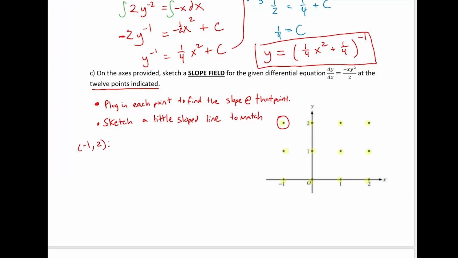I'm just going to take a moment to write down all these 12 points. So -1, 2; -1, 1; -1, 0; 0, 2; 0, 1; 0, 0; 1, 2; and so on. You don't need to hear me read off all these. Hopefully you're seeing the pattern here.